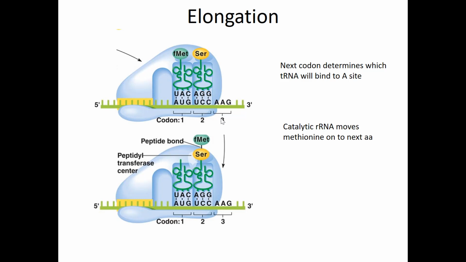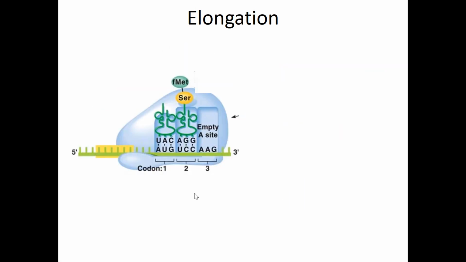And so, again, this is peptidyltransferase, the center here. This is a catalytic ribosomal RNA. And so this physically moves the amino acid onto this new amino acid, forming a peptide bond. And then at that same time, your ribosome shifts down, or it actually physically pulls the mRNA further, and you get the opening up of this A site, and a new tRNA can come.